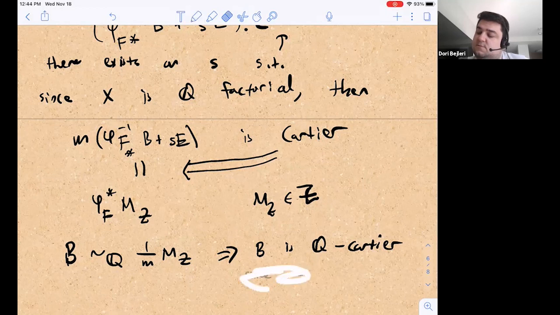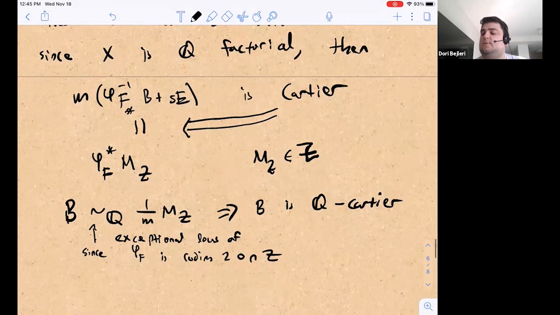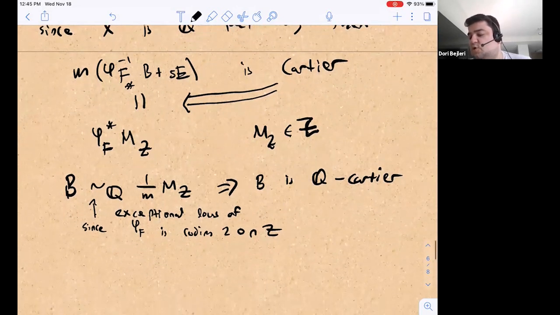Since the exceptional locus is codimension 2 on Z. Or more precisely, maybe we'll say the exceptional locus of phi inverse is codimension 2.